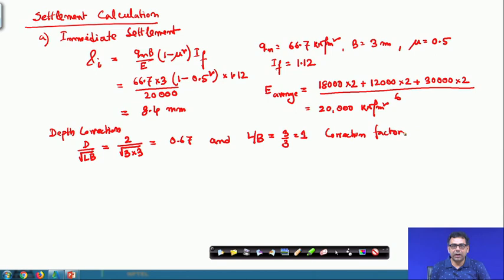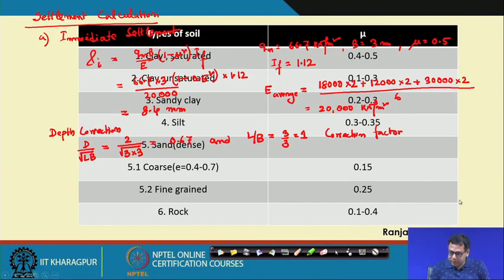Okay. So, corresponding correction factor, you will use the correction factor and that we will get from the Fox chart. Fox chart I have given you, but still I can show you again. This chart also I have given. Here you can see that for saturated clay, the value of mu is 0.4 to 0.5. So, that is why I am taking 0.5.